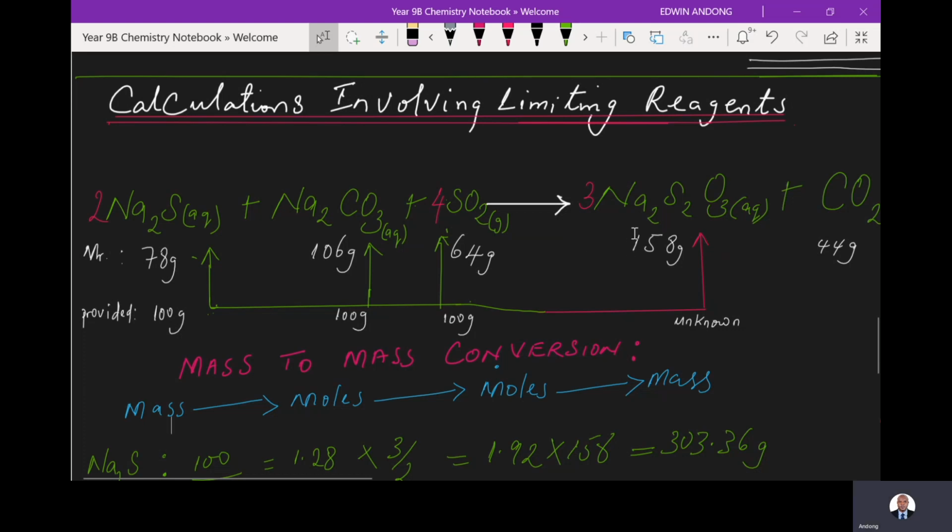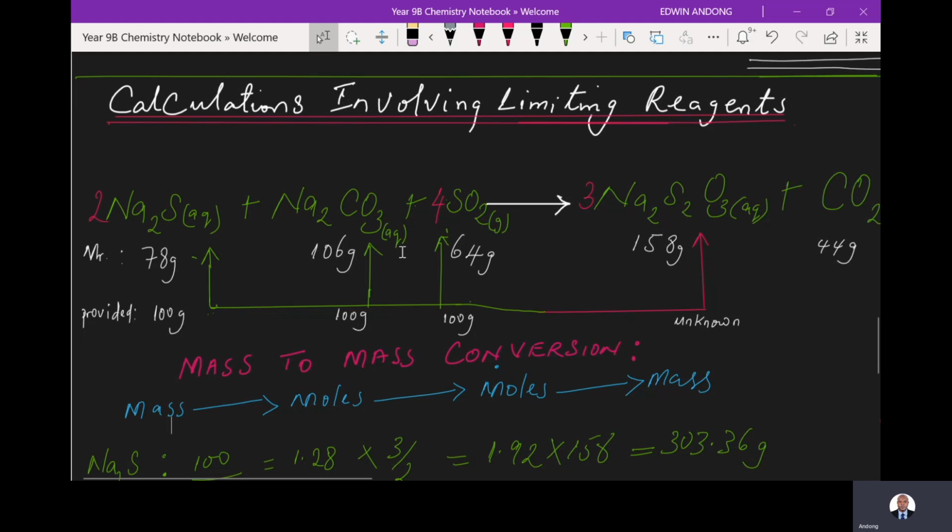For sodium thiosulfate, we have 23 times 2 plus 32 times 2 plus 16 times 3, a total mass of 158 grams. For carbon dioxide, we have 12 plus 16 times 2, we have 44.